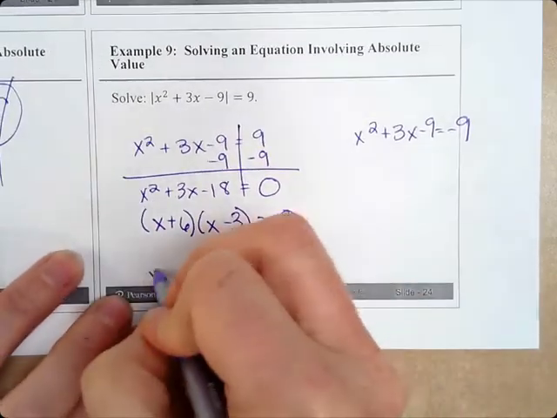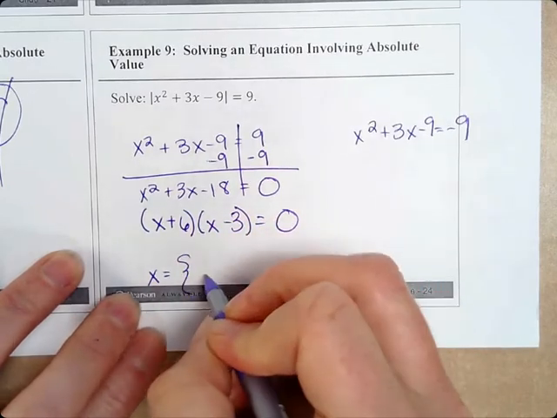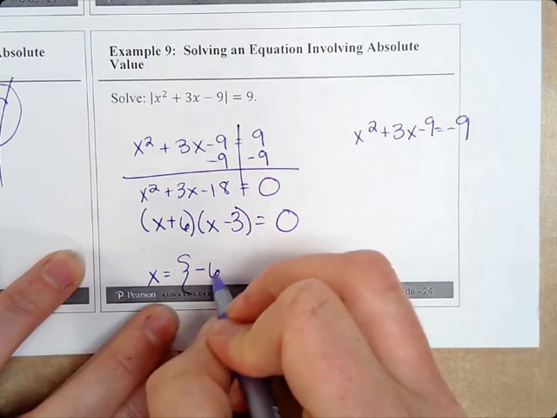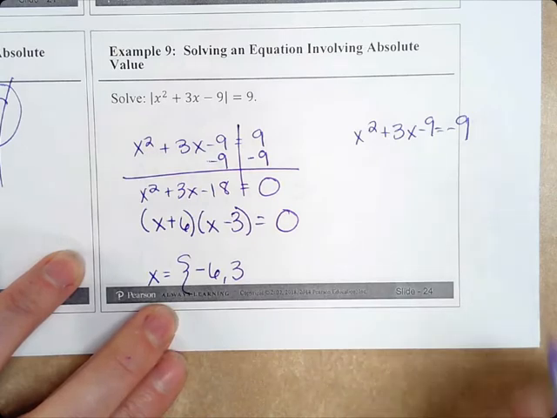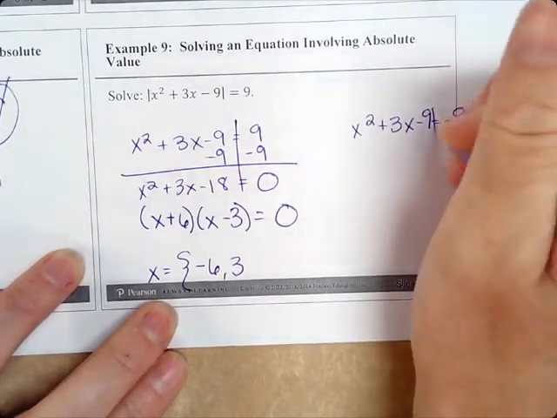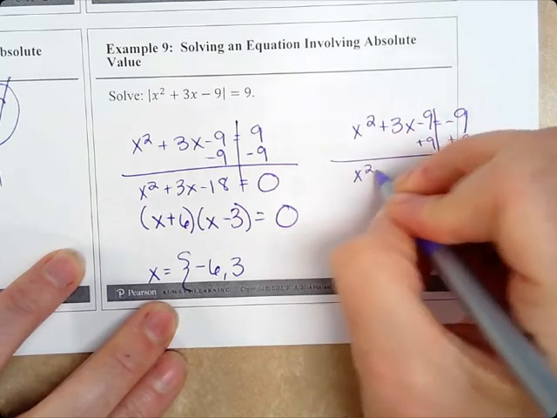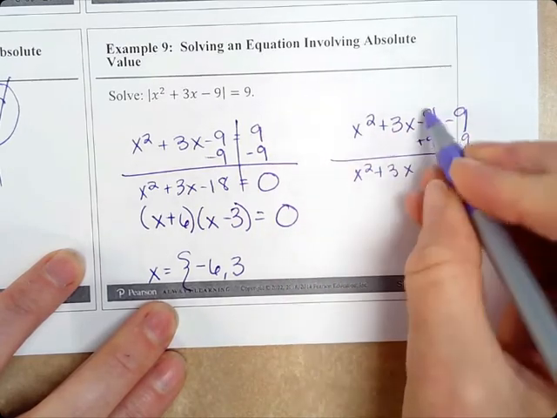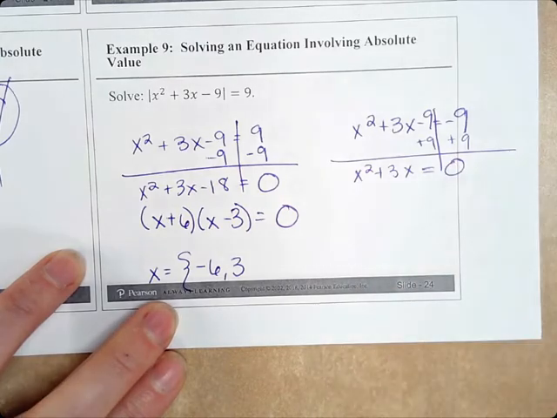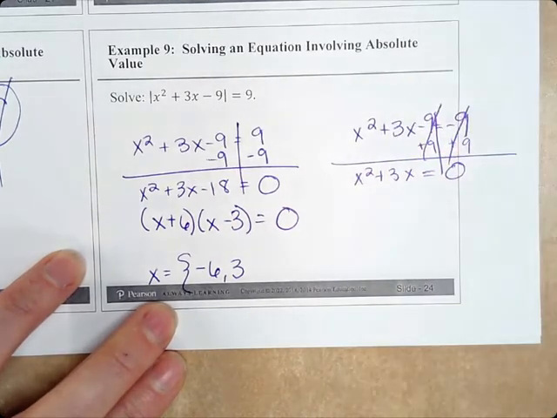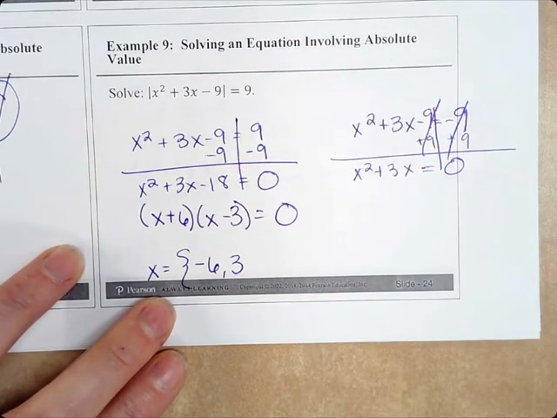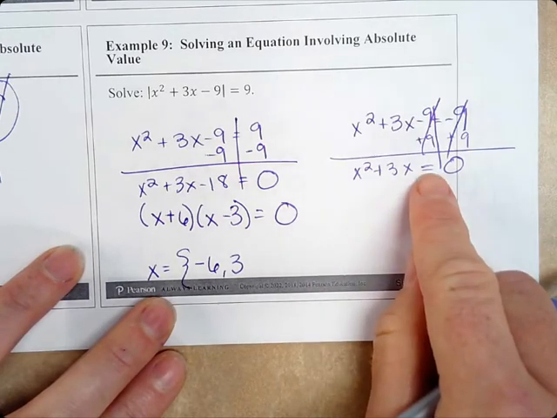So it'd be positive 6 and negative 3. So then our solution would be negative 6, positive 3, but I'm not done with the other one. I need to add 9 to both sides. That would be 0, so this would just equal 0 because they both cancel. So then we'd factor. What could we factor out of those?